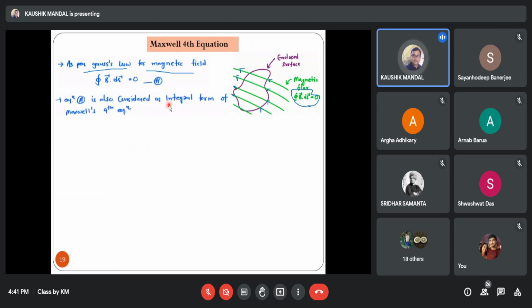So this Gauss's law for magnetic field is basically the integral form of Maxwell's fourth equation. Now we can easily find the differential form or the point form of this Maxwell's fourth equation.